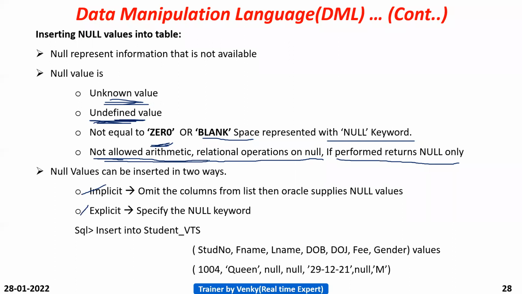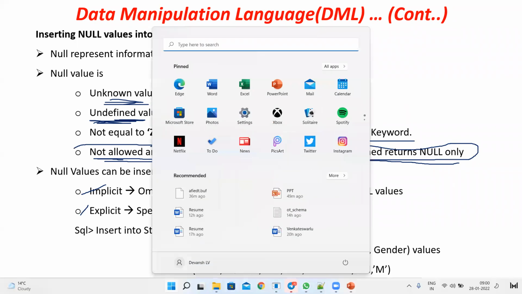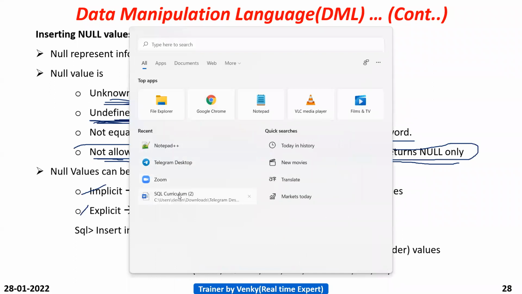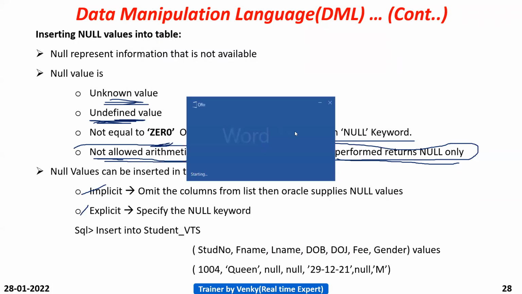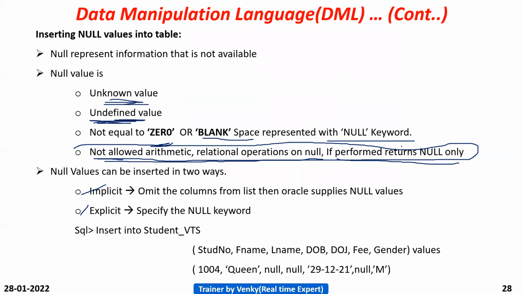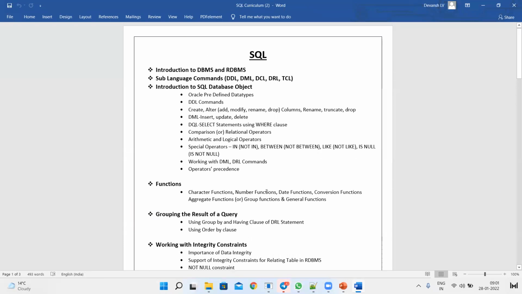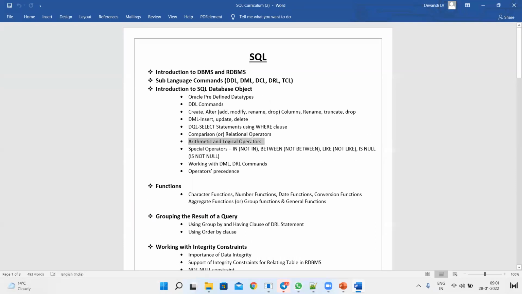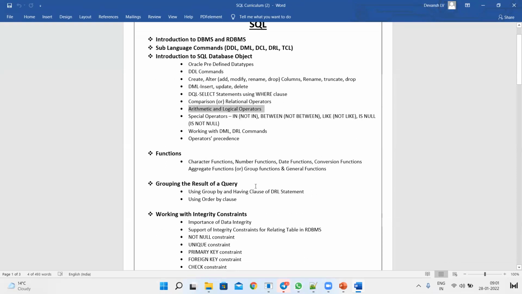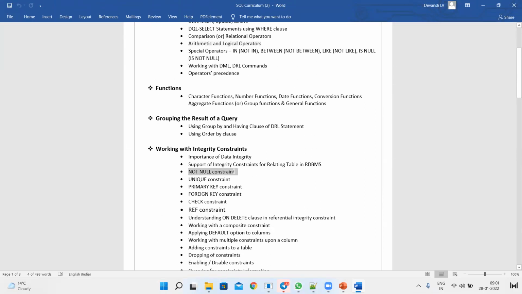This one we can discuss in arithmetic operations, where we can discuss in depth. Arithmetic and logical operators we can discuss there. The constraint I told you, the not null constraint, we can discuss in the integrity constraint concept. Here see, not null constraint.